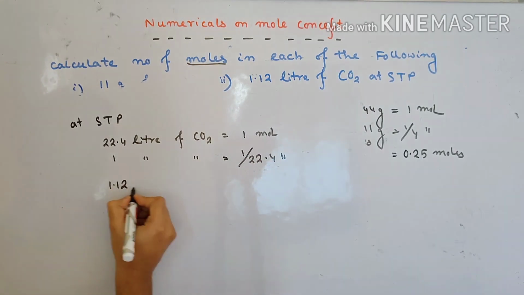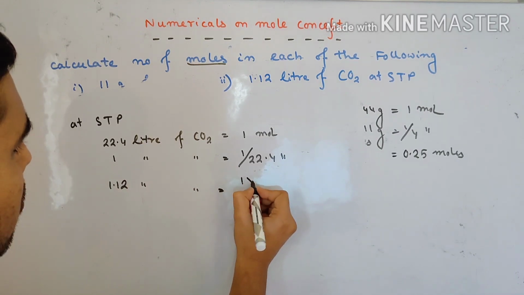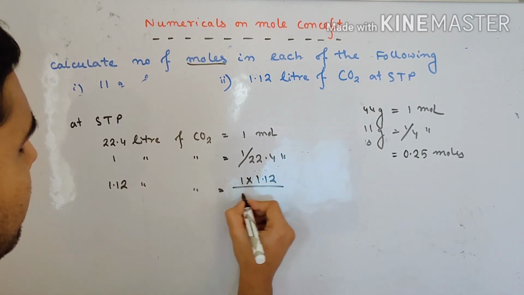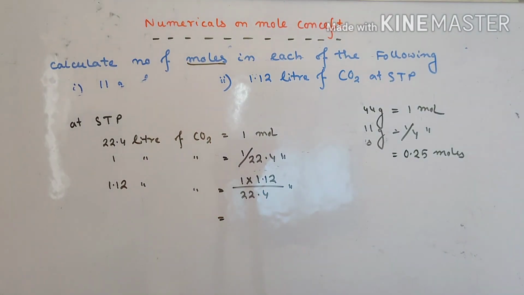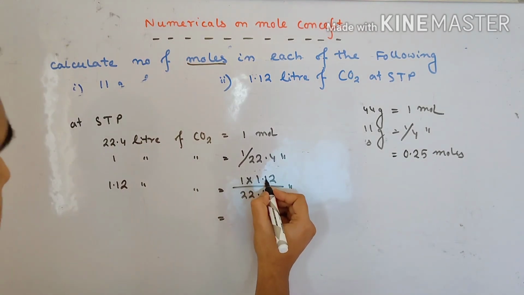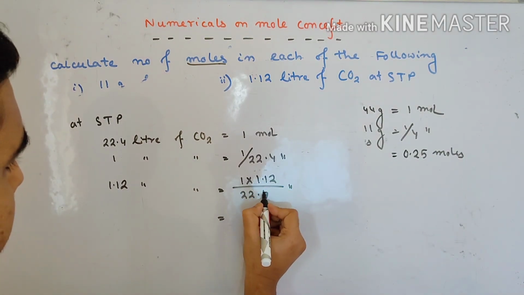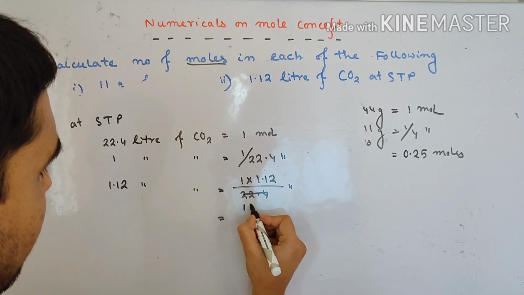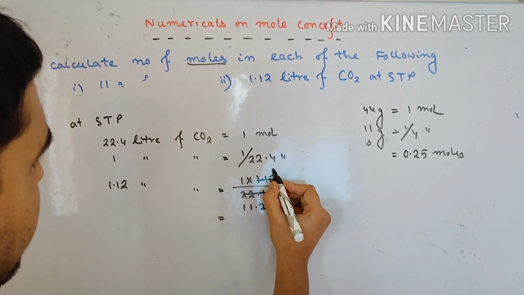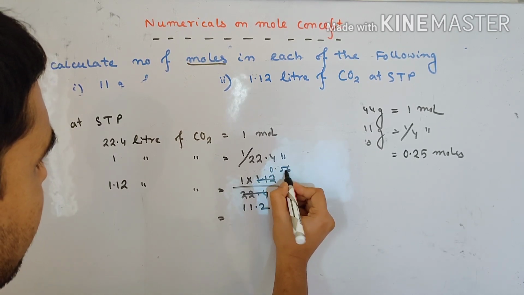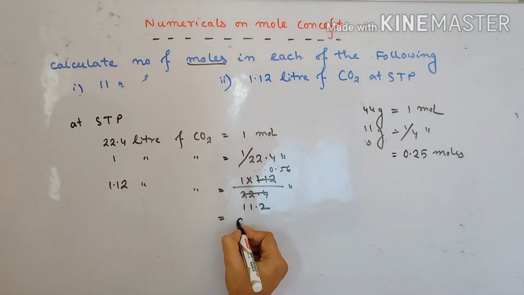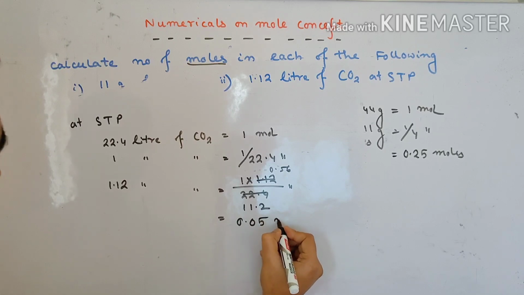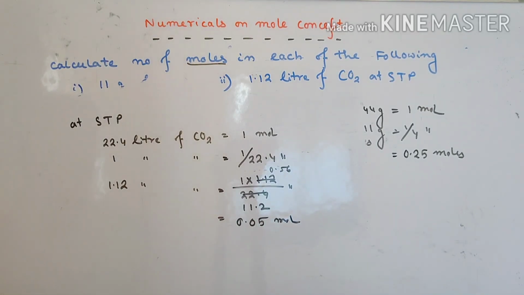If it is 1.12 liter, it should be 1.12 divided by 22.4 mole. Now I think you will be able to calculate. If you cancel it out, it should be 11.2 by 224, and you will be getting around 0.05 mole. So this is the answer.